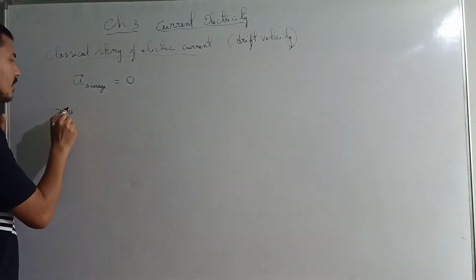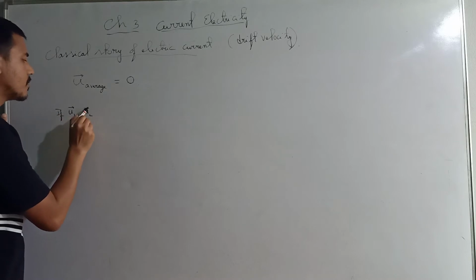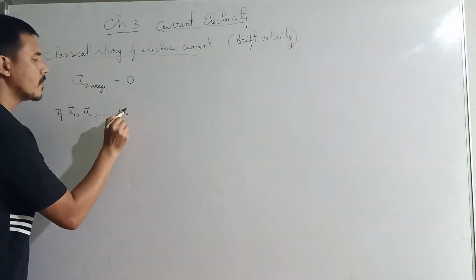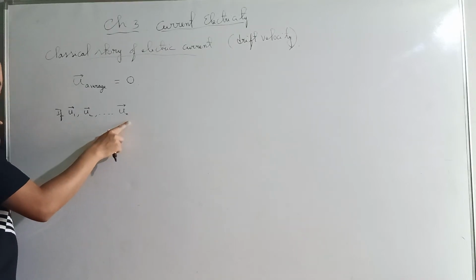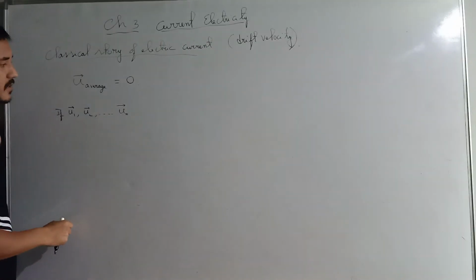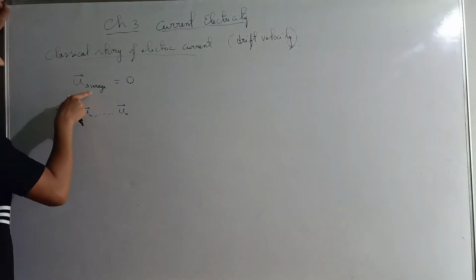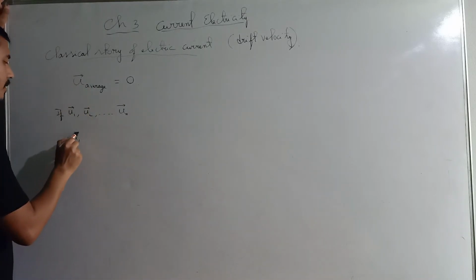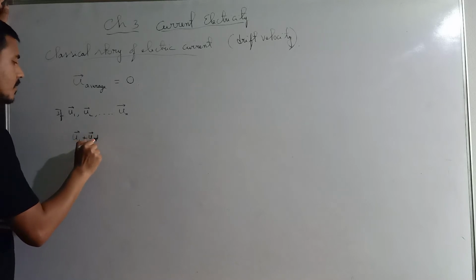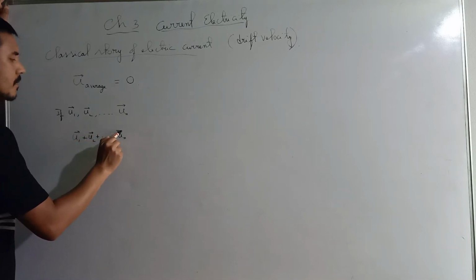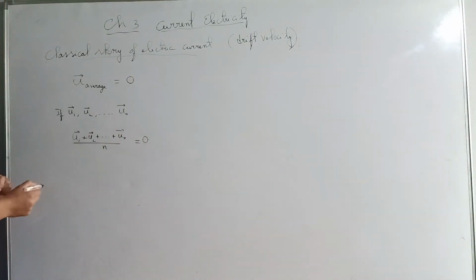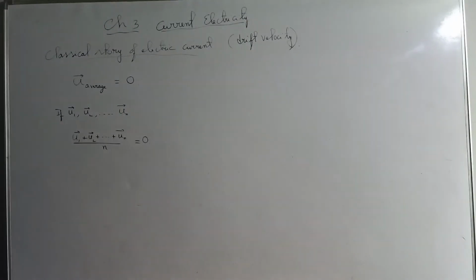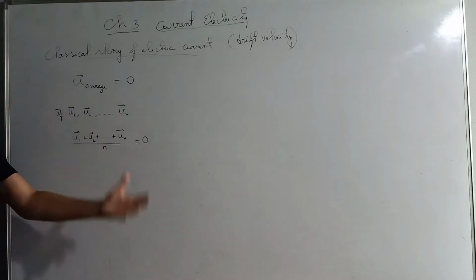So if U1, U2, and so on up to UN are the thermal velocities of n electrons, then the average thermal velocity, (U1 + U2 + ... + UN)/n, is equal to 0. So the average thermal velocity of the electrons in the conductor is 0 because of their continuous random motion.